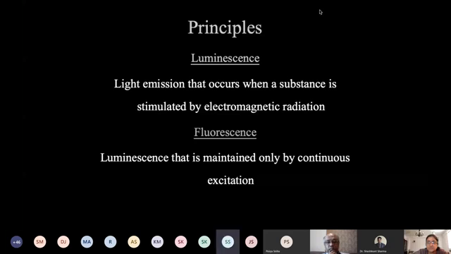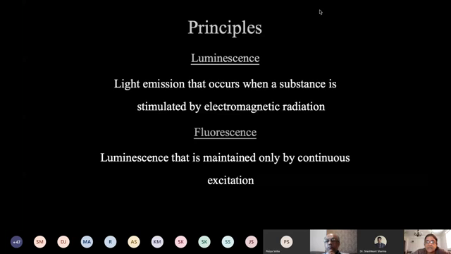Luminescence basically means light emission that occurs when a substance is stimulated by electromagnetic radiation, while fluorescence is when this luminescence is maintained by a continuous excitation. And our entire fundus fluorescein angiography is based on the principle of fluorescence.